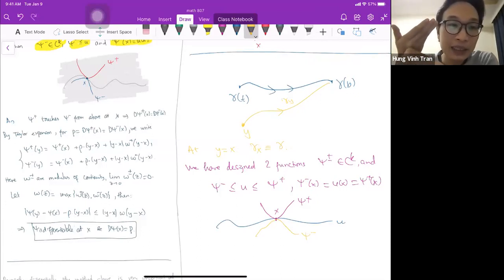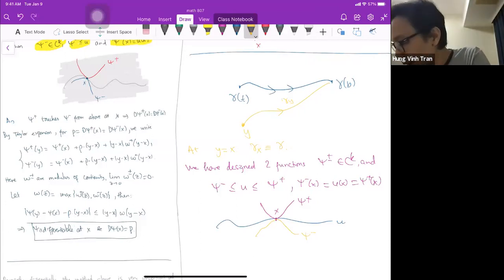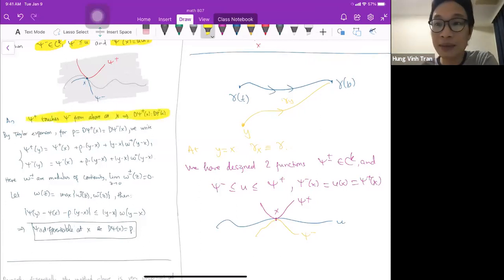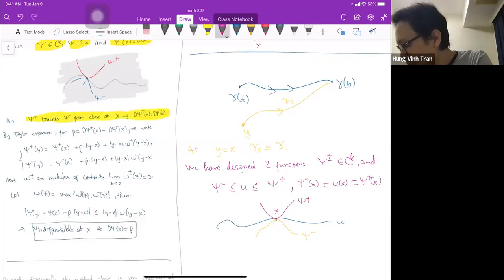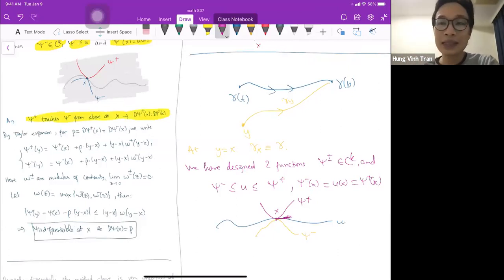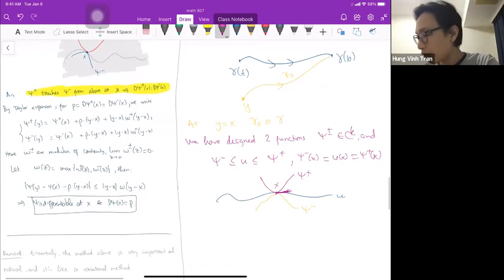If they are touching at the point x, then clearly they are touching exactly at the point x, so the gradients at the point x are the same, right? Because that's the geometric picture. In 1D, if you draw a tangent line to the graph, then it's exactly the tangent line to everything, right?